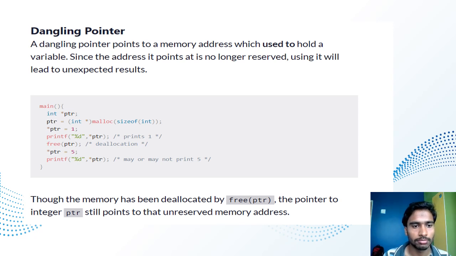Here in this code, main: int *ptr = (int *)malloc(sizeof(int)); *ptr = 1; printf prints 1; free(ptr) deallocates; *ptr = 5; printf("%d", *ptr) may or may not print 5 though the memory has been deallocated by free(ptr). The pointer to integer ptr still points to that unreserved memory address.